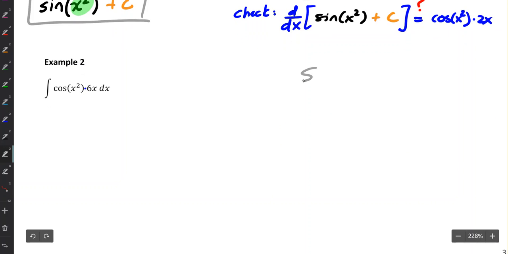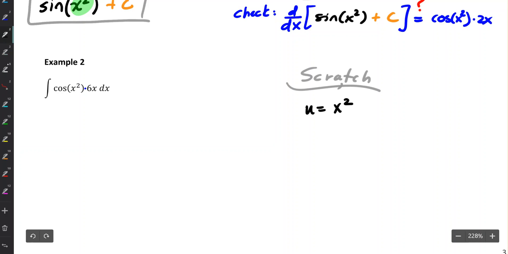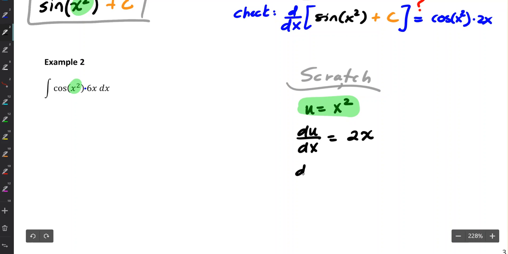All right, so a little scratch. I'm going to go ahead and let u be x squared. The derivative of u with respect to x is 2x. So the derivative of u, or du, sorry, is 2x dx. I am doing a little hand waving there.